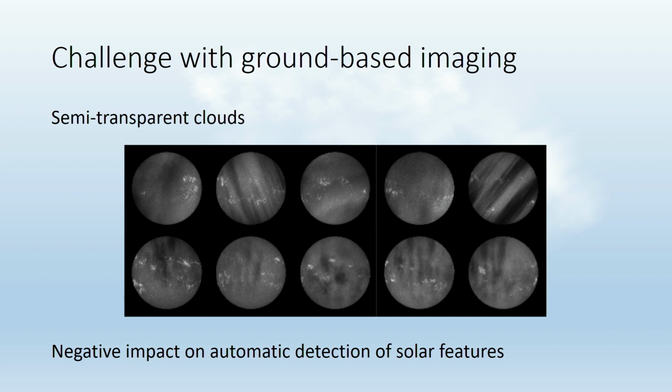And the main goal of this side project was to remove as much as possible these clouds so that the detection algorithms could work more properly on these filaments and active regions.